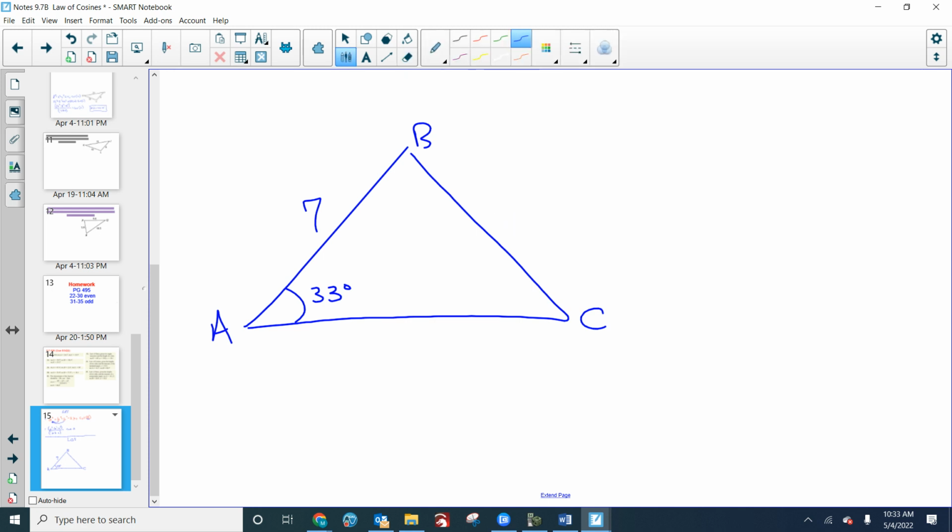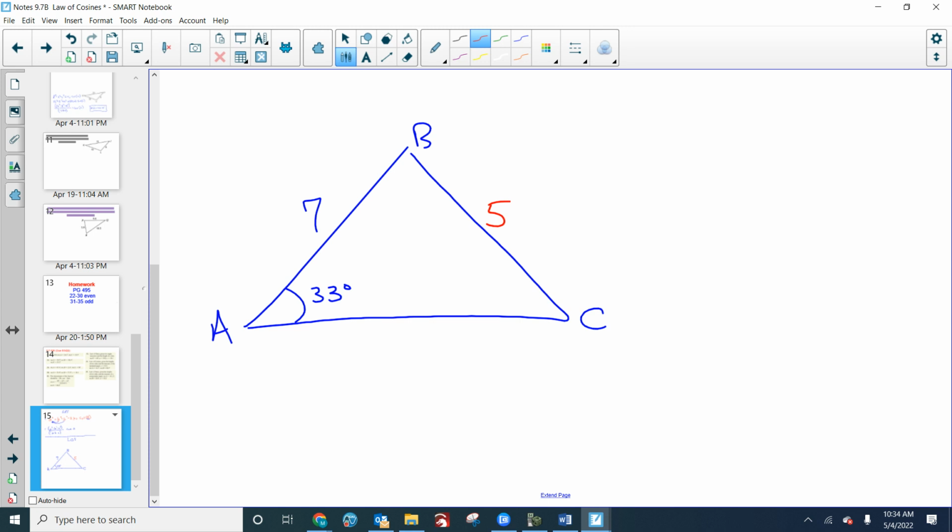Let's change this to 5. What are you solving for first? It's SSA, so you have to do what first?